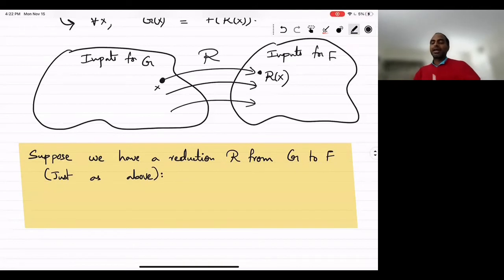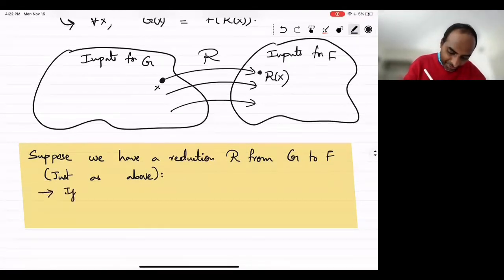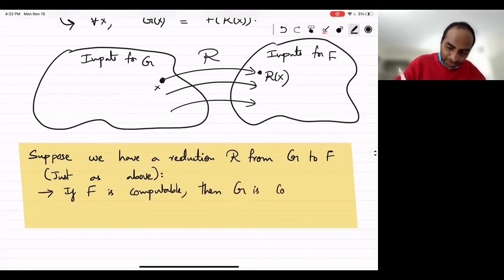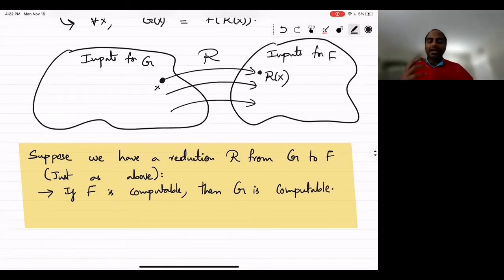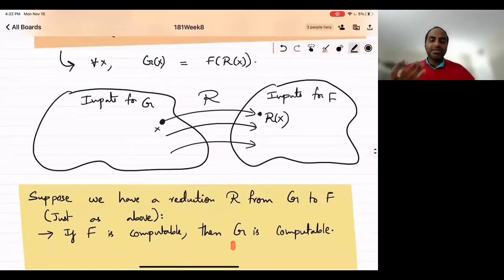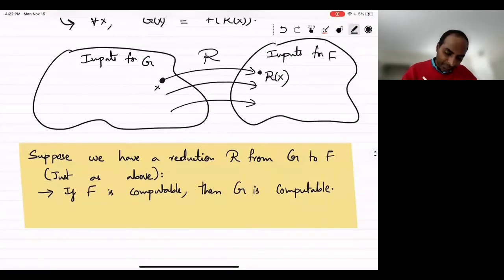Meaning if you give me a black box for F, I can solve G. So in other words, if F is computable, then G is computable. If I have an algorithm for F, I can just use my reduction, which itself is a computable transformation, and run the algorithm for F on this transformed input to get the output of G.